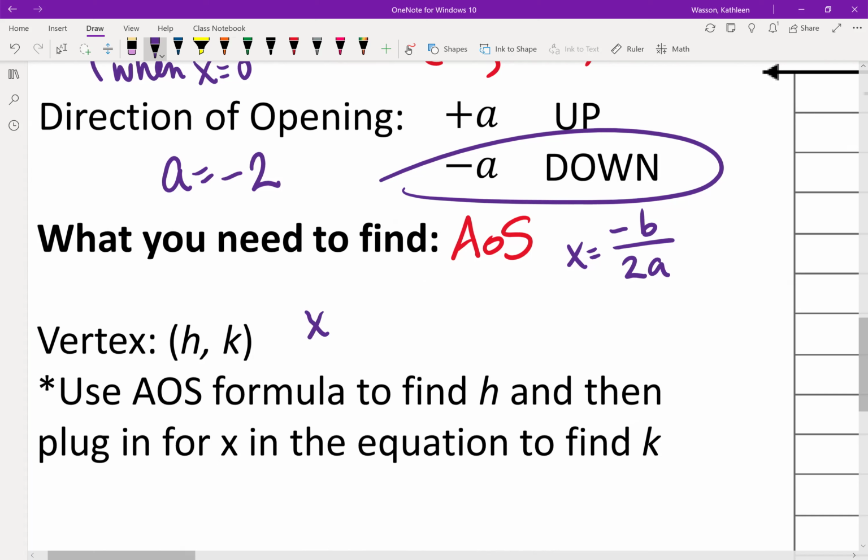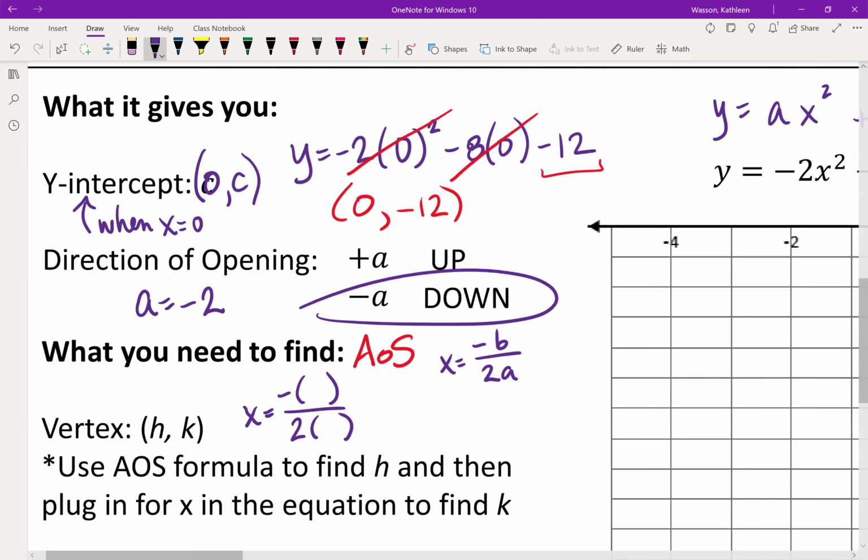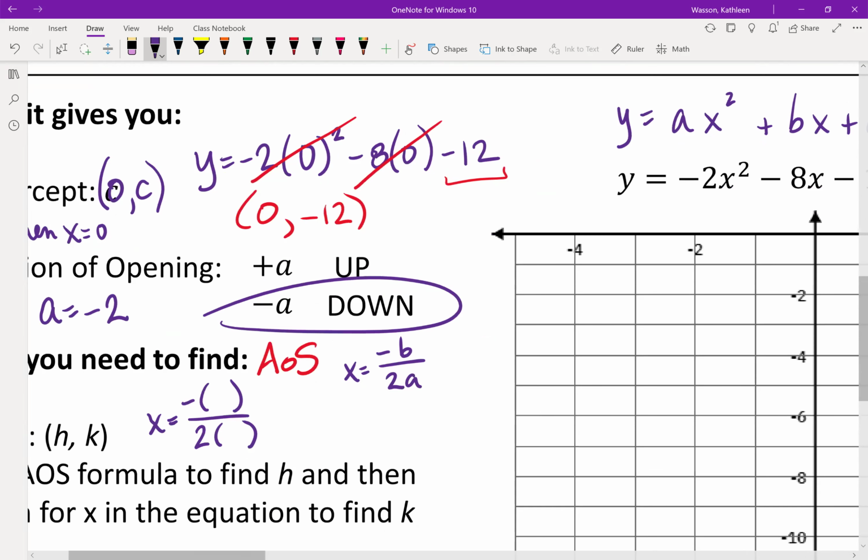So for my axis of symmetry, I'll have negative, and I'll put parentheses to substitute, and then I divide by 2 times a. B is -8 for this one. So I do -(-8) for the numerator and 2 times -2 for the denominator.